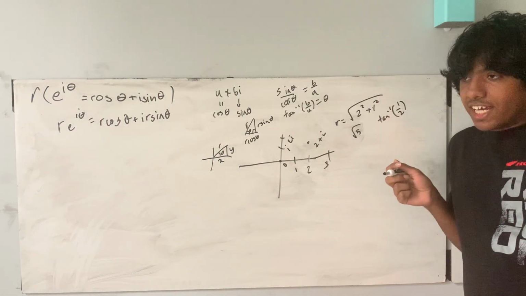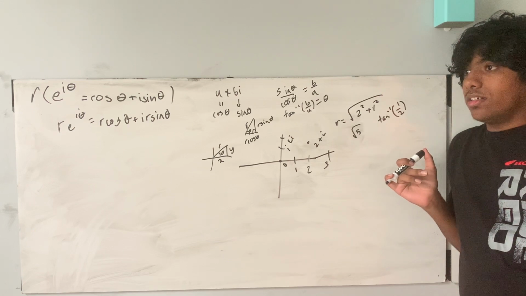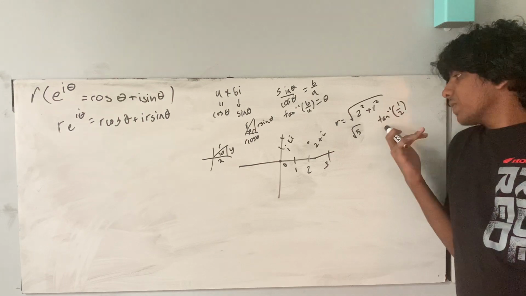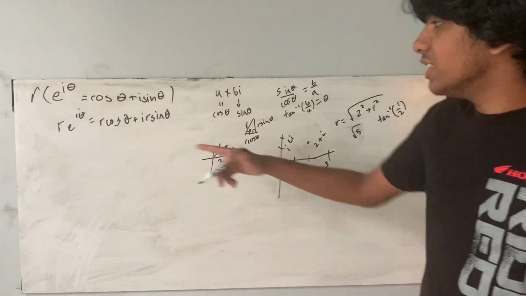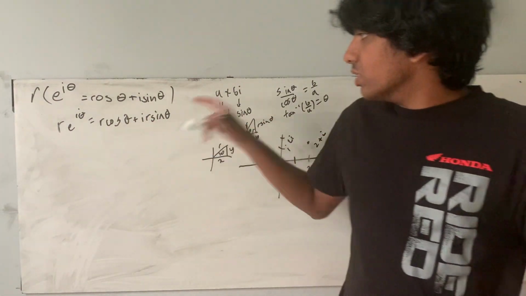Kind of slow today. I can't really think that quickly on what the inverse tangent of 1/2 is. I don't think it's any special one, but either way, whatever this number is, we can put this into the e format, since we know that this can correspond to this and this corresponds to that.